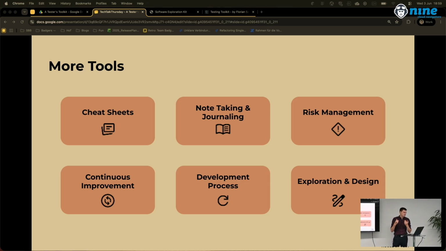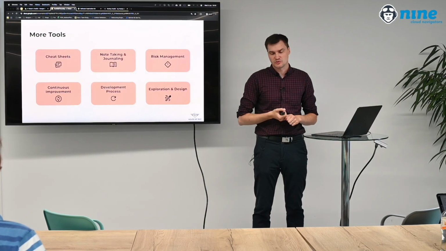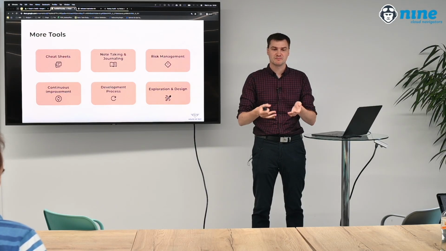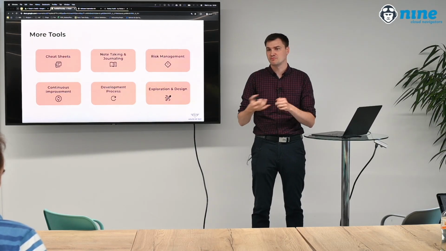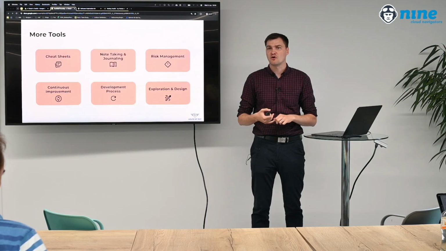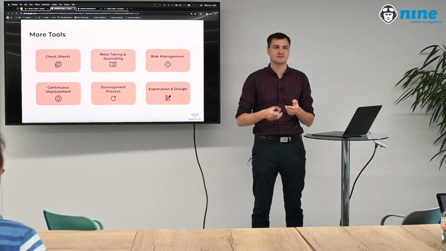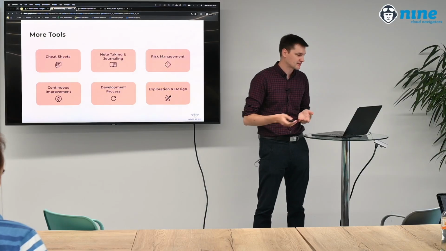And also exploration and design, like before you implement an idea, what ways you have to learn about it, because sometimes something is so big and complex that it's faster to just start implementing and prototyping or build a proof of concept instead of talking for days and weeks about it and making solution designs. Sometimes it's faster and more efficient to start.